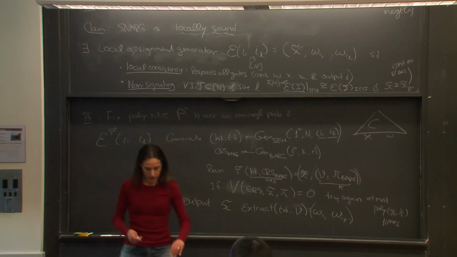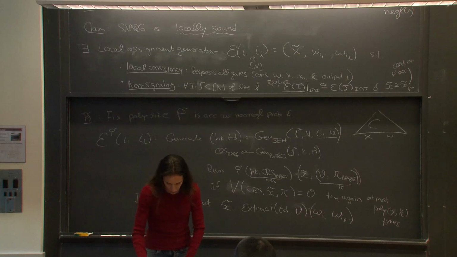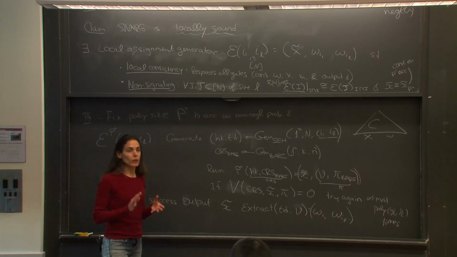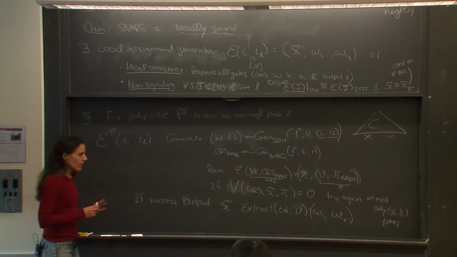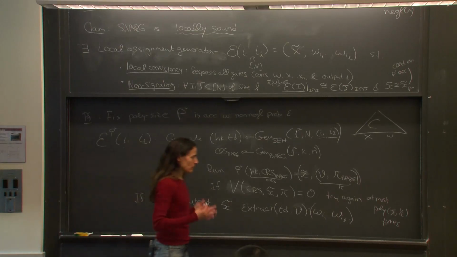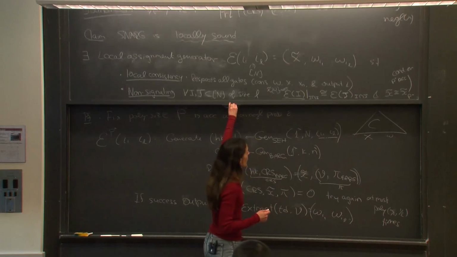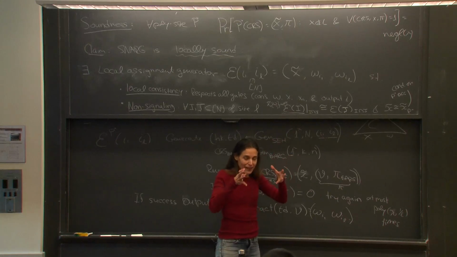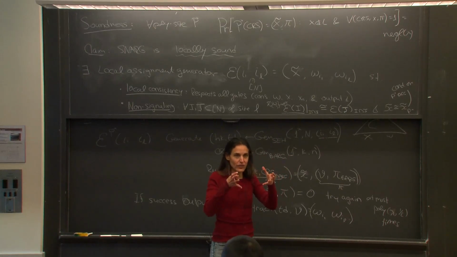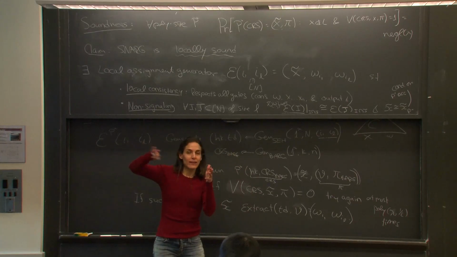Any other questions? Okay, so now the question is, what about non-signaling? I don't want to go into a lot of depth, but let me be hand-wavy here. We want to argue that the local assignment generator, the assignment values that he gives for any subset of wires, do not depend on the other wires that are given to him.